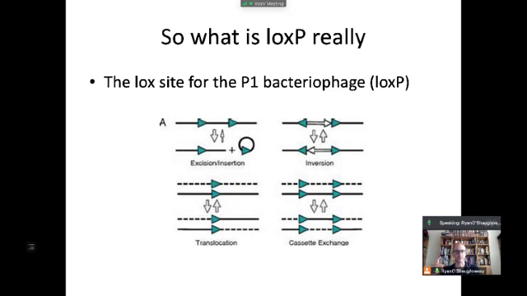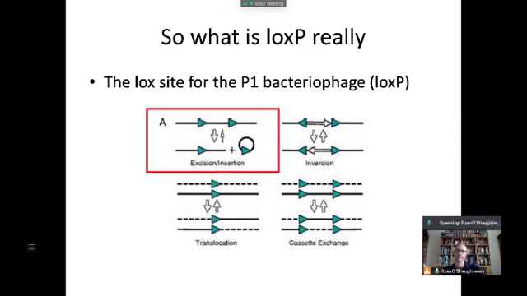And so that's translocation and cassette exchange. But typically, what we're interested in our transgenic and knockout models are the excision and insertion, and also this cassette exchange. The excision and insertion is very important in forming knockout animals, and this cassette exchange is really important in forming what we call knock-in animals.